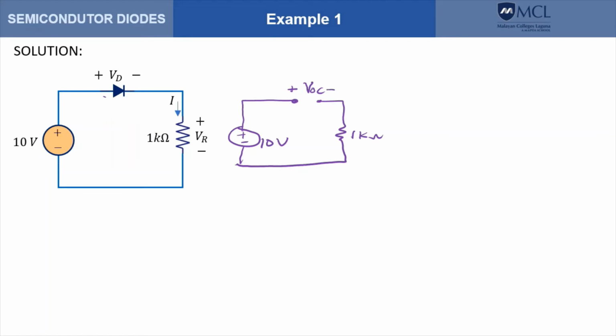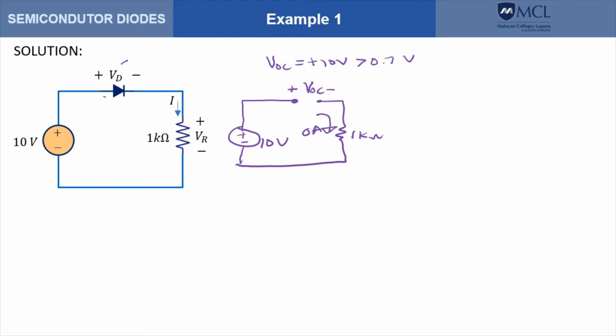Now to get VOC, we can do a KVL around the loop. Since this is an open circuit, meaning there's no current, the current here is 0 amperes. So computing for VOC gives us positive 10 volts, meaning this diode will go into forward bias condition since VOC is greater than its turn-on voltage of 0.7 volts.